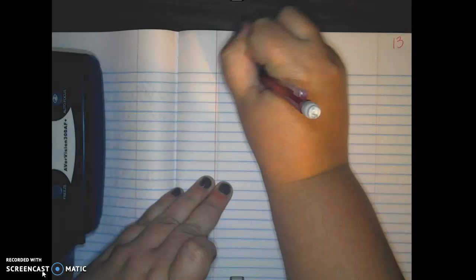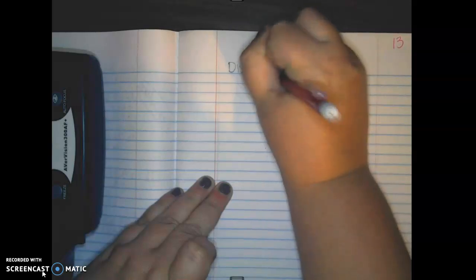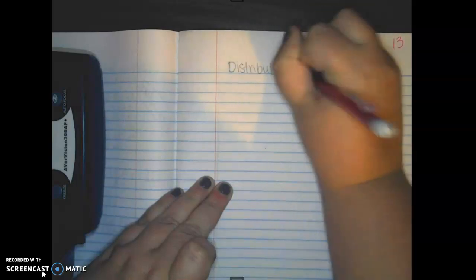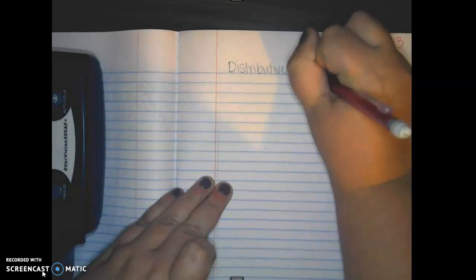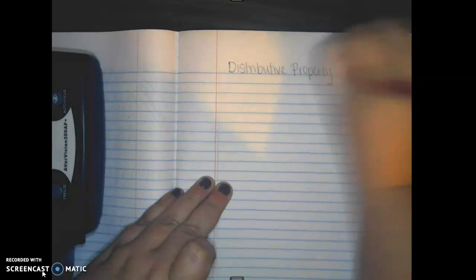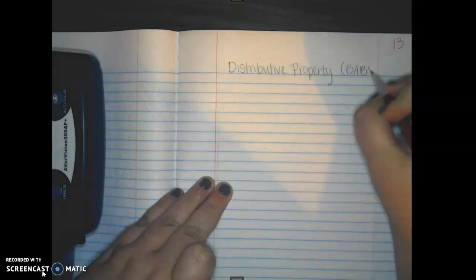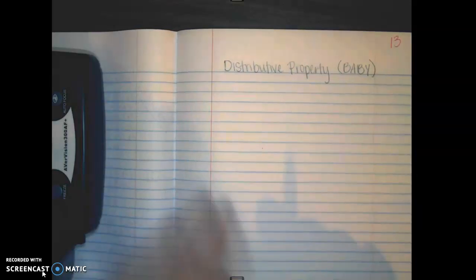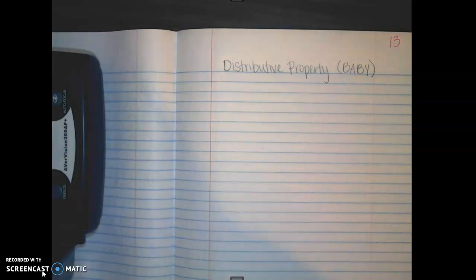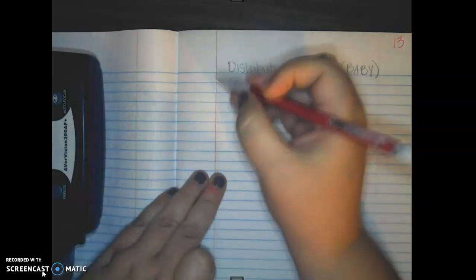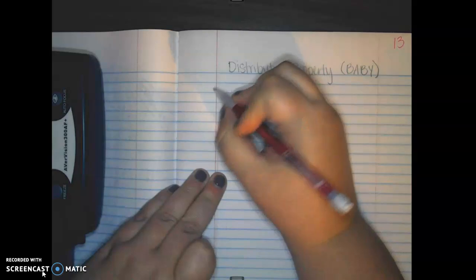Alright, so we're going to put at the top of this, distributive property. Okay. So we're going to start by, and we are going to write it pretty big. I'm going to use 3 lines or 2.5.